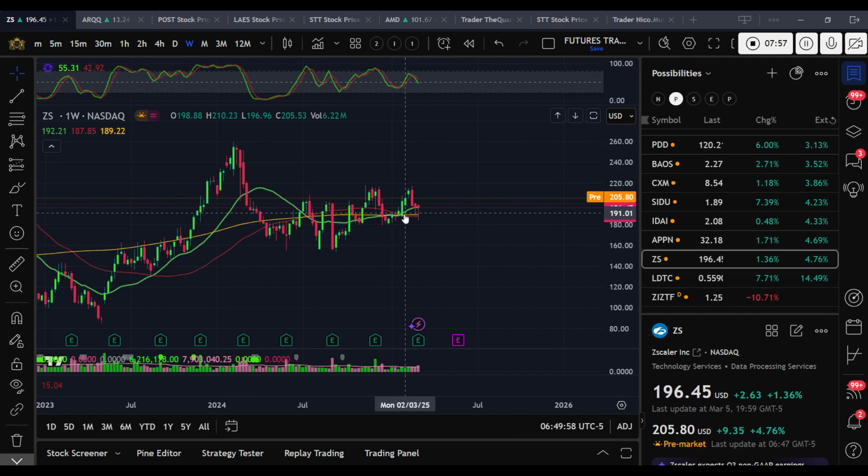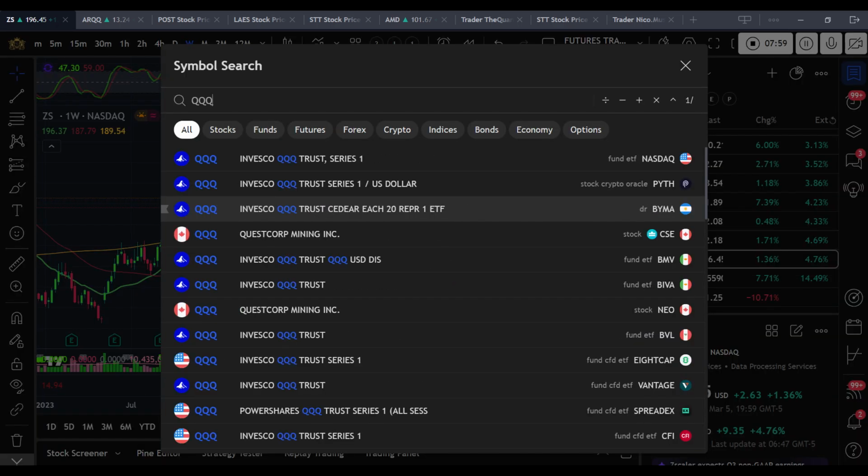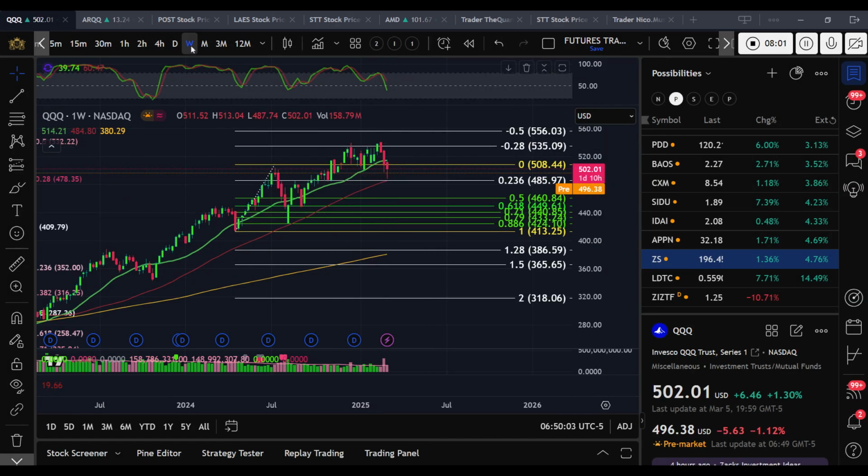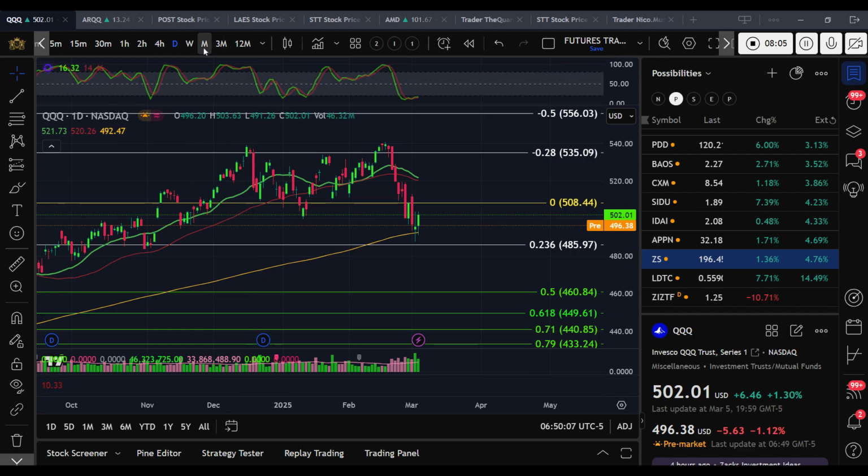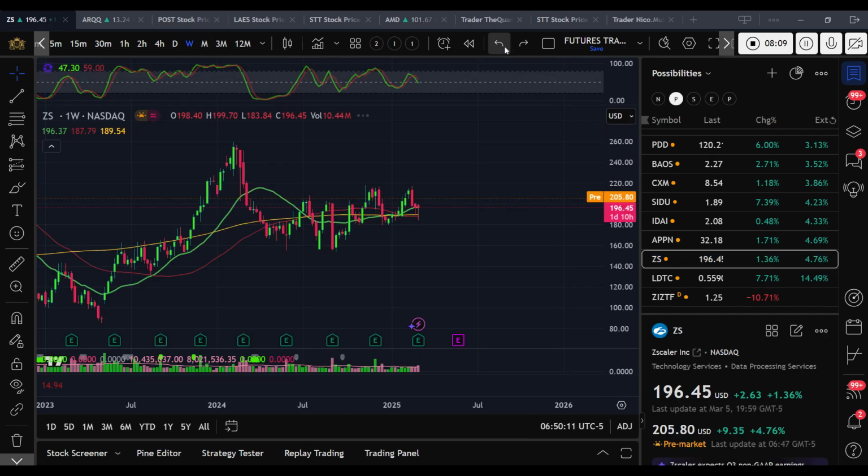But now we were on the QQQ daily when we saw that. This has retraced. ZS, just for example, has retraced to its weekly 200 moving average.